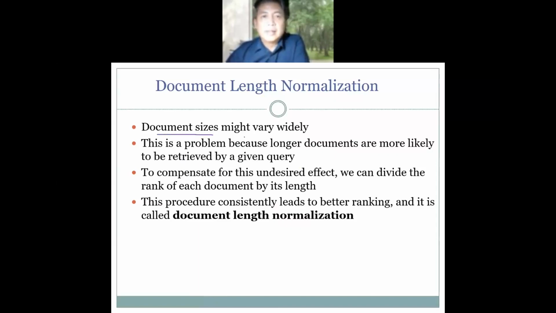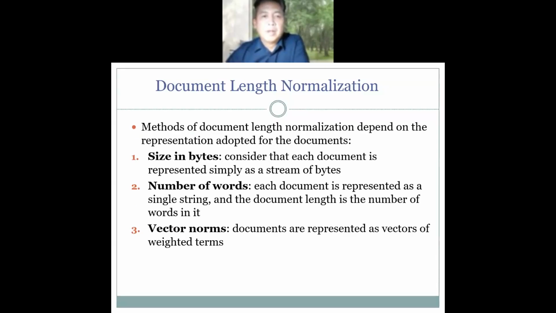Since the document size might vary widely, we have to perform some kind of calculation in order to normalize our term. So we call it document length normalization. We normalize using the size of the document. Okay, how do we normalize them?